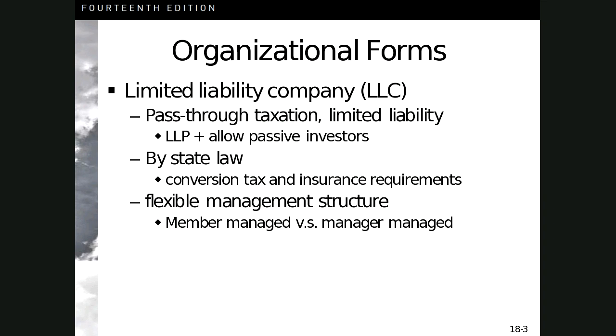Then an LLC has the same limited liability and pass-through, but it's basically an LLP plus it allows passive investors. So basically, you can have someone who is not going to be actively doing anything and just going to take their own little share of the interest from their investment.